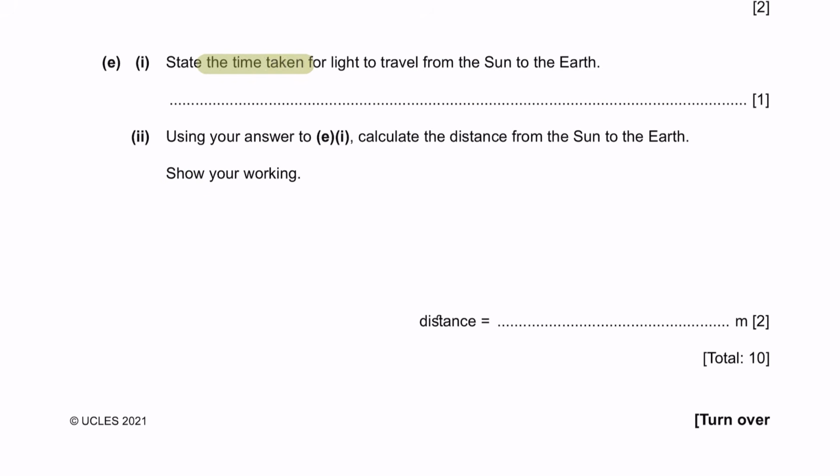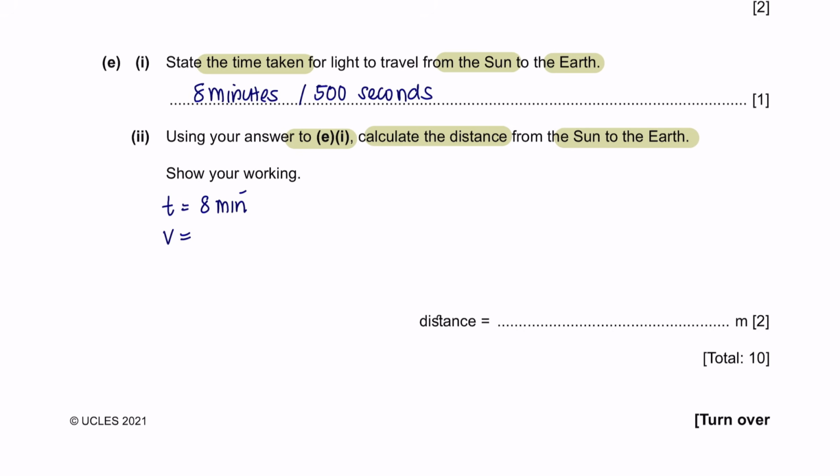Question E. State the time taken for light to travel from the Sun to the Earth. The time taken here is approximately 8 minutes or 500 seconds. Using your answer to E part 1, calculate the distance from the Sun to the Earth. Show your working. Okay, so we have here the time taken, which is 8 minutes.